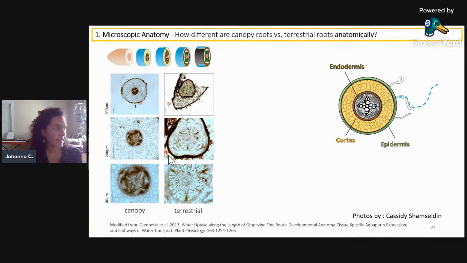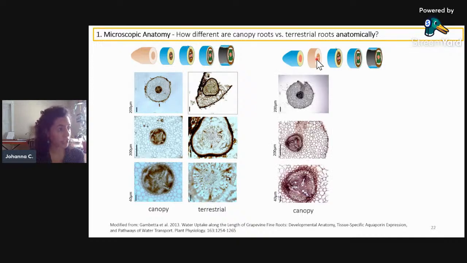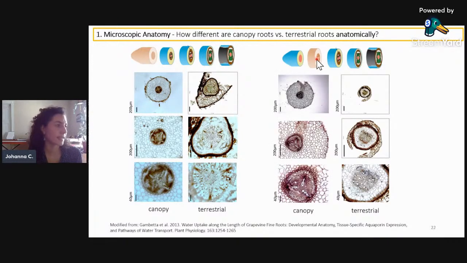The main difference, again, is that the epidermis for the terrestrial roots is very thick, probably showing secondary growth. We collected samples at another developmental stage, and again we see exactly the same things: all the different structures and a very thick epidermis for the underground or terrestrial roots.